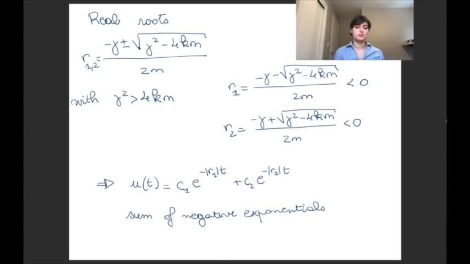So u(t) is a sum of negative exponentials: c1 exponential of minus absolute value of r1 times t plus c2 exponential of minus absolute value of r2 times t. Why am I putting the absolute values? Just to explicitly write down that these two values are negative, to remind ourselves. So it's a sum of negative exponentials. It's going to behave roughly like a negative exponential, so wherever it starts, it's going to go to zero very fast.